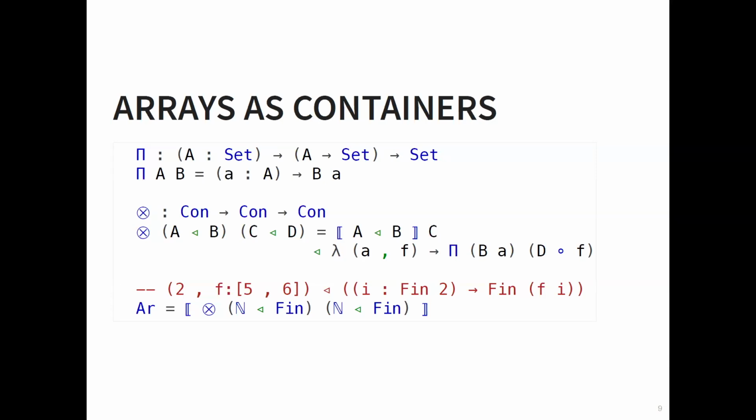I don't have a lot of time to explain all the details, but the intuition is that we take container CD, the right thing, and we tensor product it with itself as many times as we have positions in the container AB. And if you unfold the definitions, it turns out that the array that I showed you before is just the tensor product of container NatFin. It's a bit magical, but if you carefully unfold the definition, it's really what's happening.